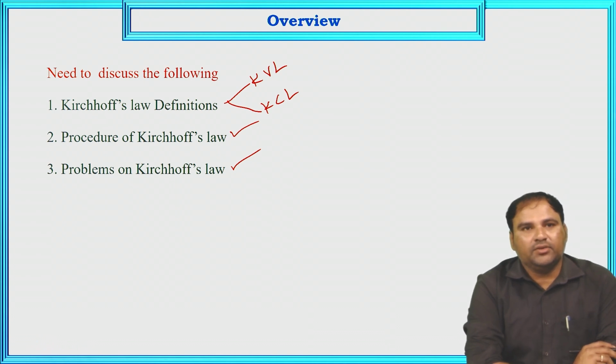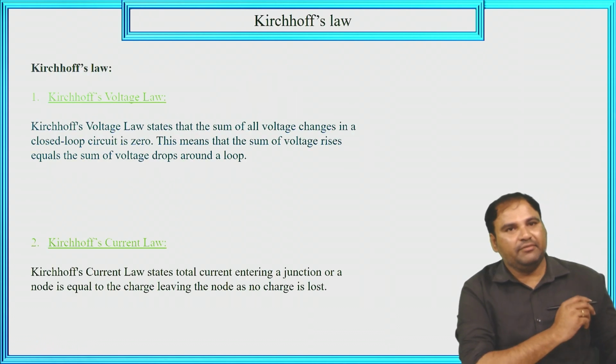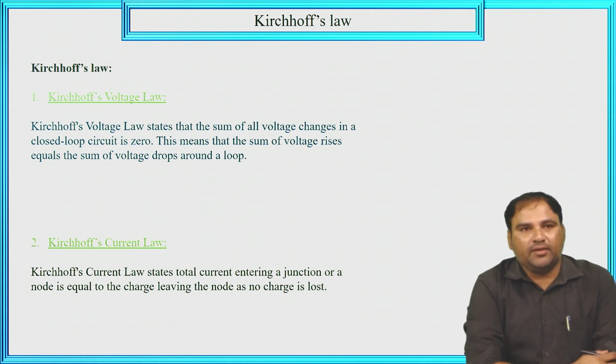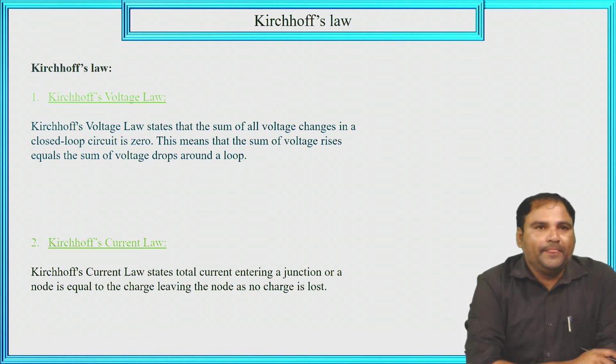What is the definition of the Kirchhoff law? The Kirchhoff laws are classified into two types. The first one is Kirchhoff voltage law and the second one is Kirchhoff current law.